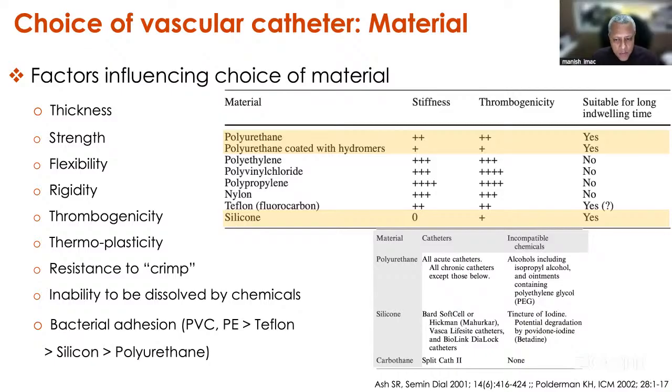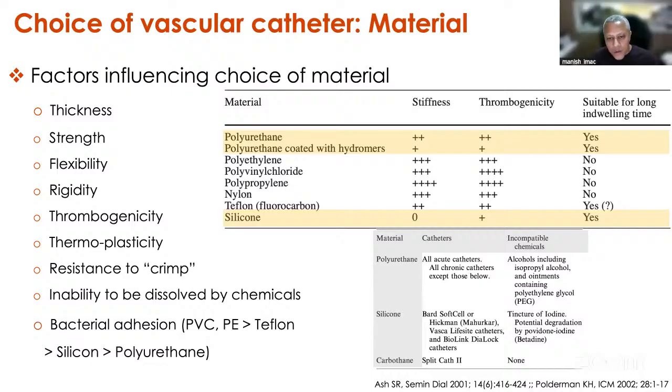It has minimal thrombogenicity. It is resistant to crimping. It is resistant to being dissolved by chemicals, and it has minimal bacterial adhesion as much as possible to minimize the risk of a biofilm formation.